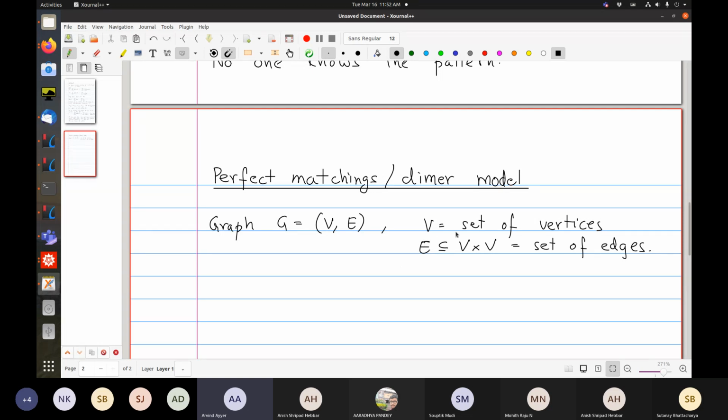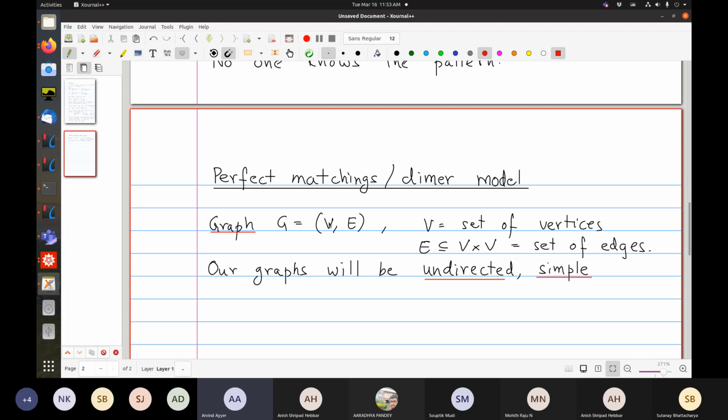What this means is that any pair of vertices that belongs to E is called an edge, and of course we want our graphs to be undirected and simple. So what does that mean?